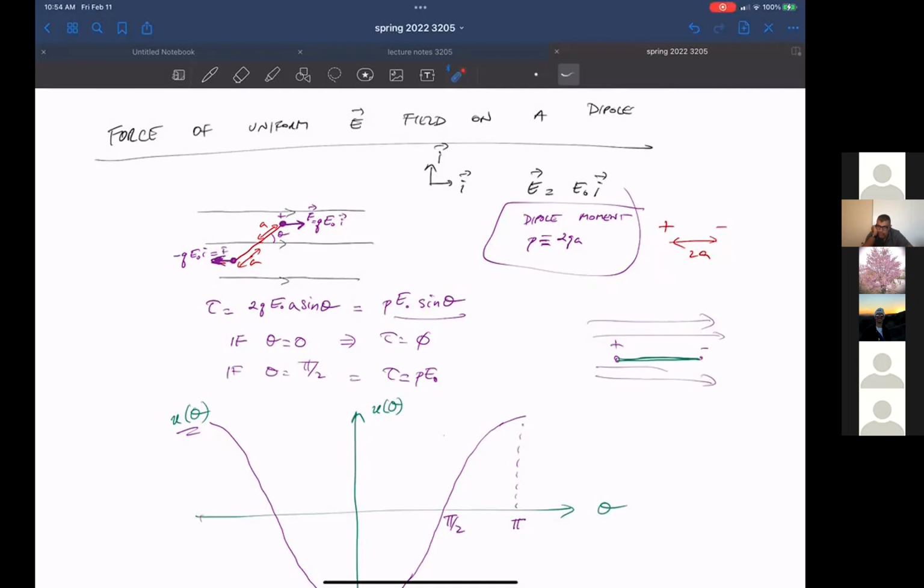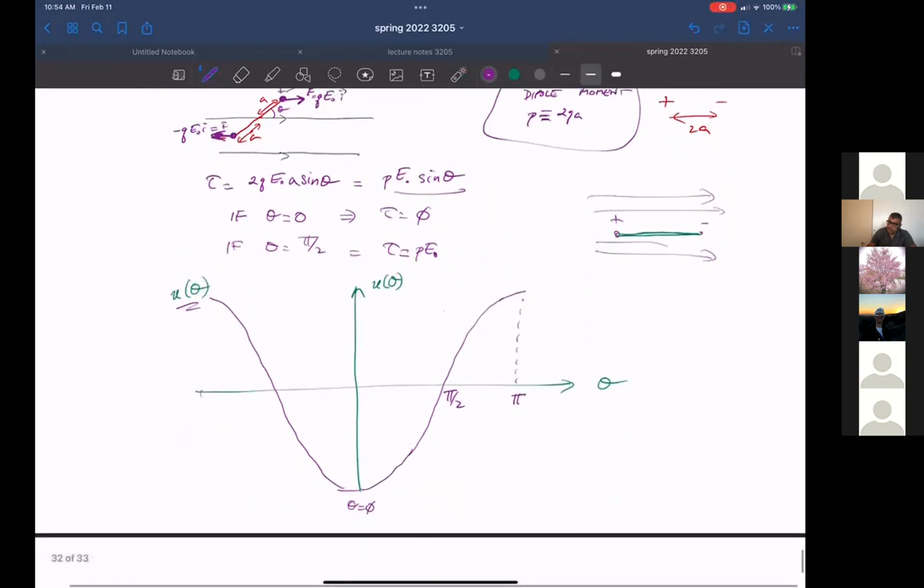Well, let's think about it this way. Let me see if I can come up with this. If I was going to write this torque in vector notation, the torque would be the dipole moment vector crossed with the electric field vector.